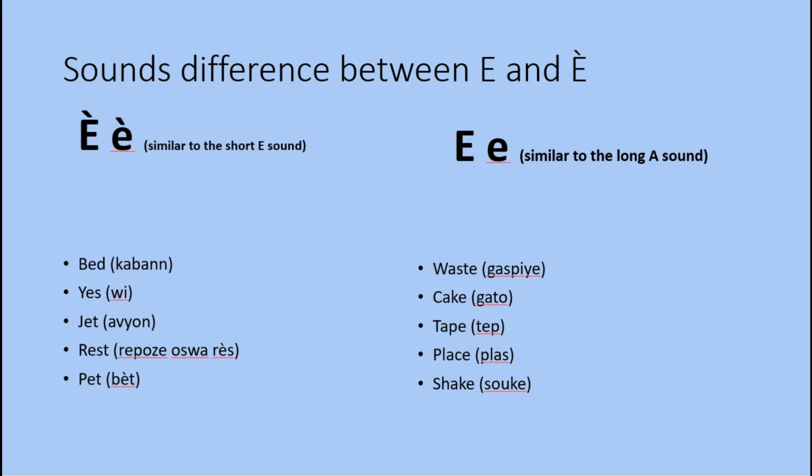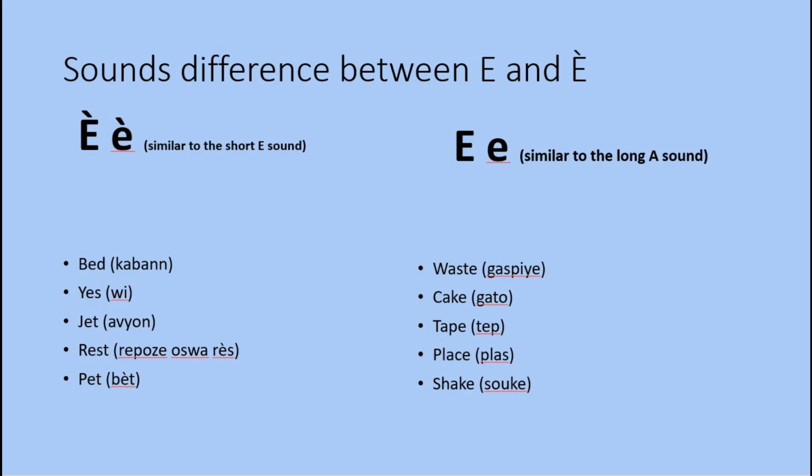Again, I'm just adding the Creole words just to build your vocabulary, okay? So bed has the S sound. We have yes, which is wi in Creole. You have jet, which is avion. You have rest. Rest is repoze.